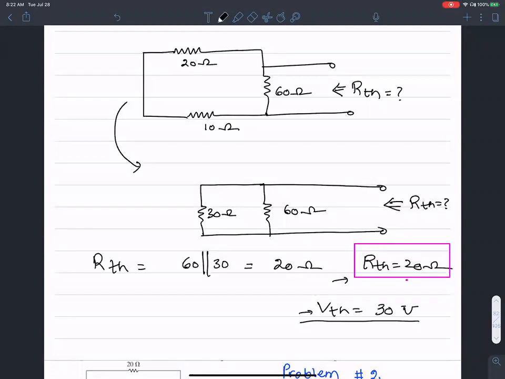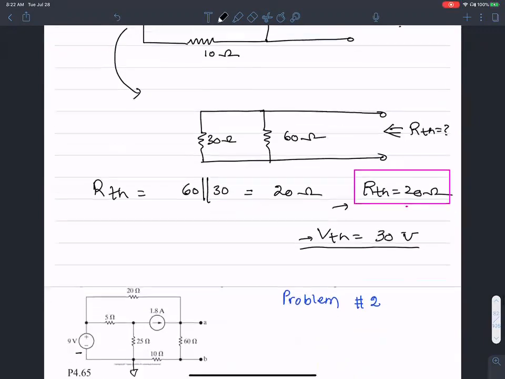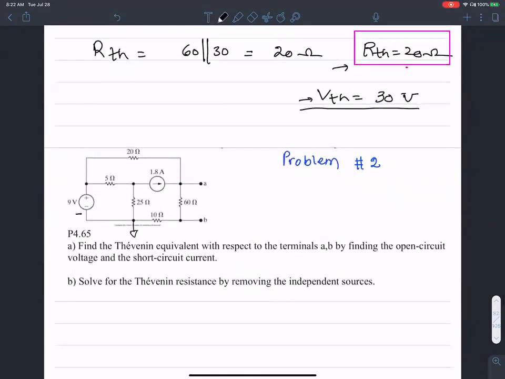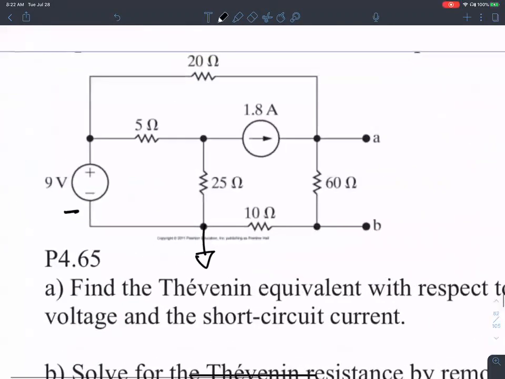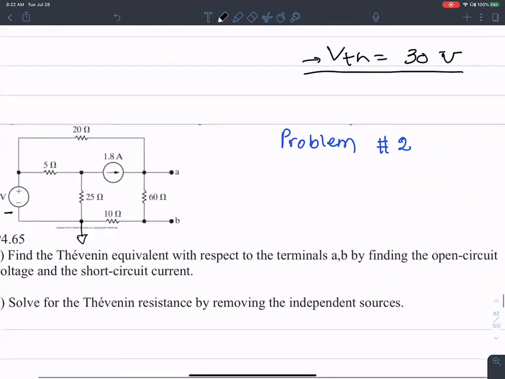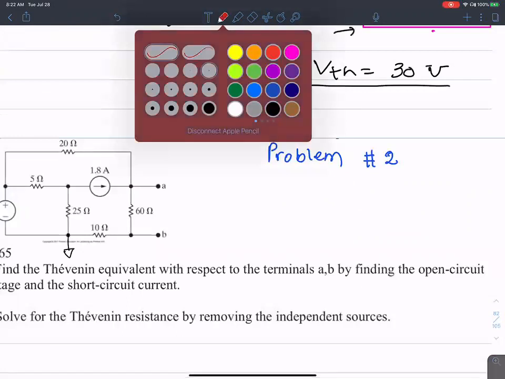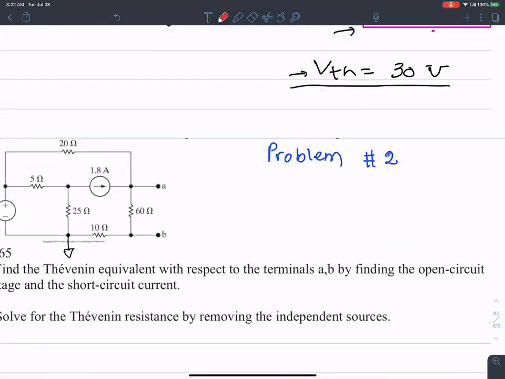In order to understand the idea of Norton's equivalent circuit and the interrelationship between Thevenin's and Norton's equivalent currents, let's see if we can solve the exact same problem by Norton's equivalent. Find the Norton equivalent for this circuit. In other words, I'm interested in finding a current source with a resistance in parallel.